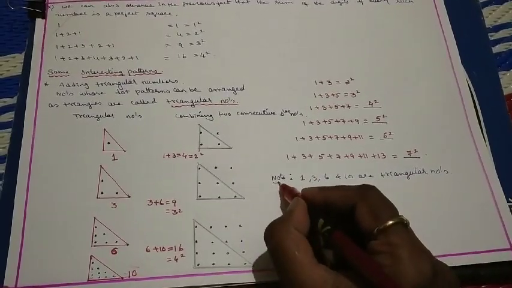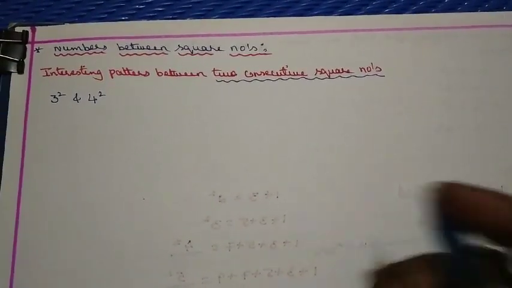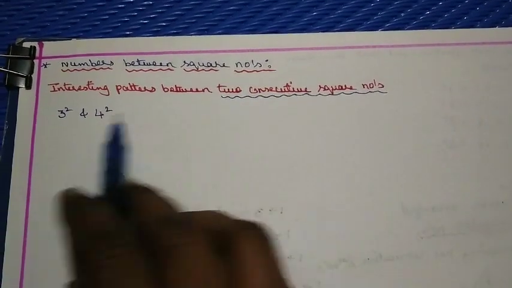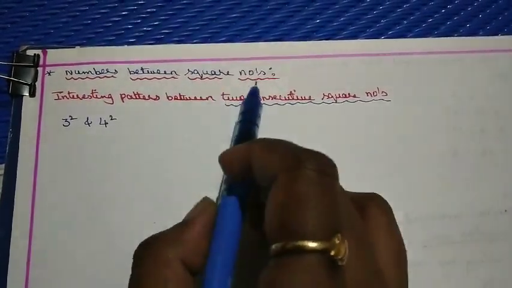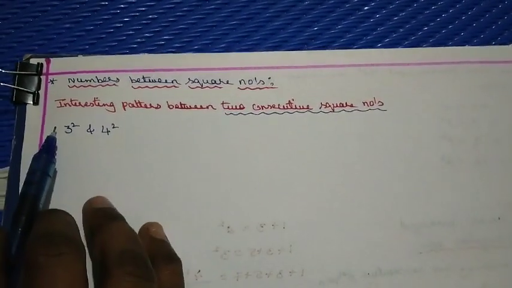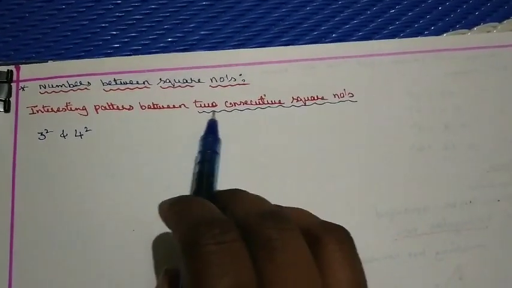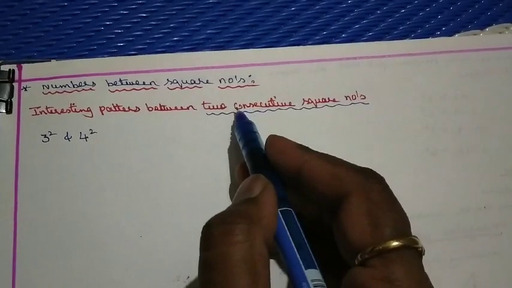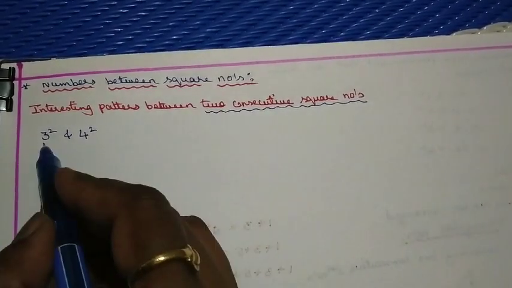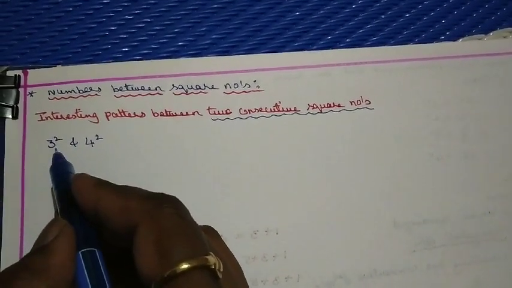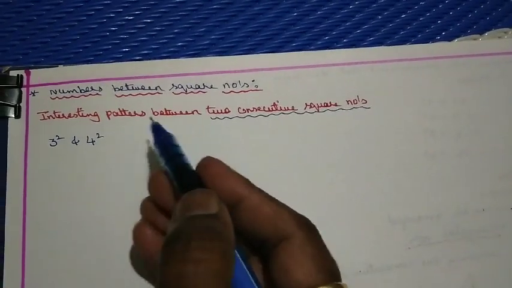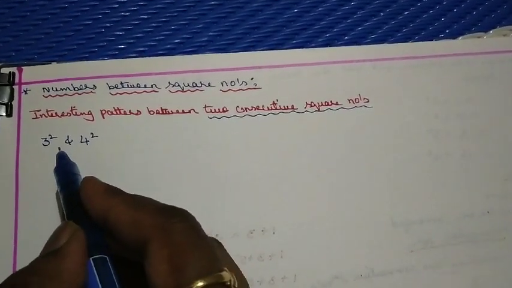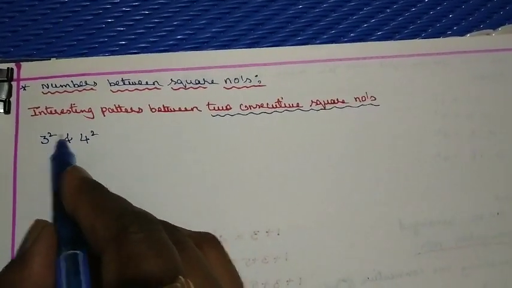So, numbers between square numbers. Observe the interesting pattern between two consecutive square numbers. If I consider 3, its consecutive can be 4, or it can be 2 also. So I am taking 3 square and 4 square.